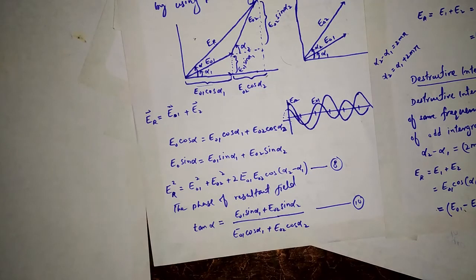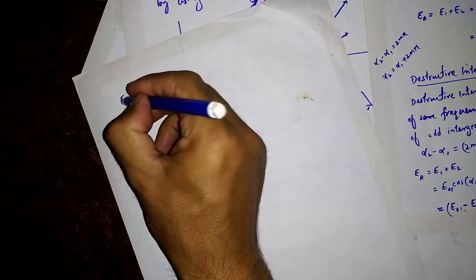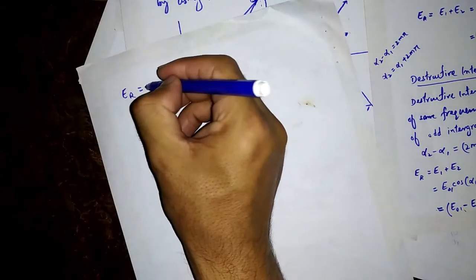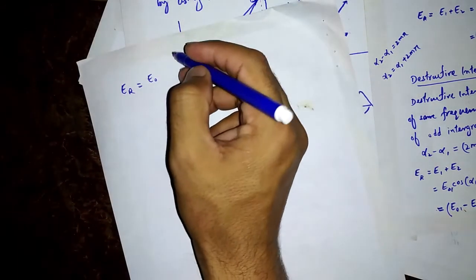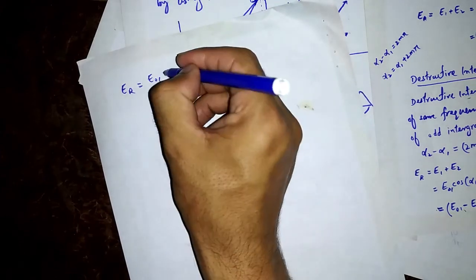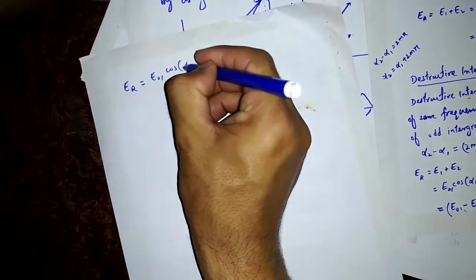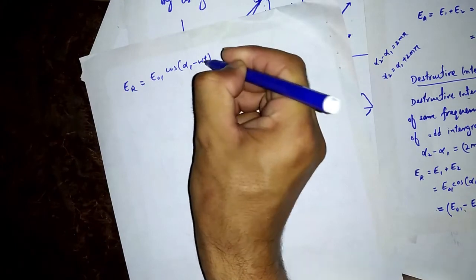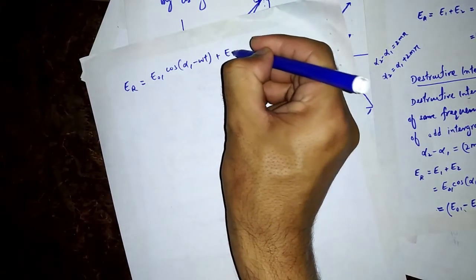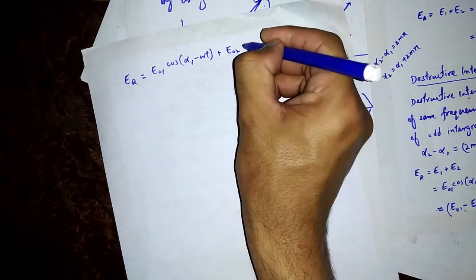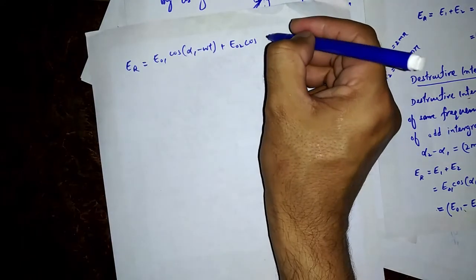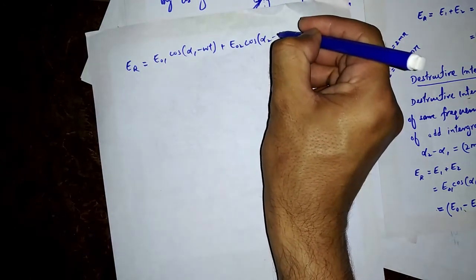So in summary, we have shown that the first wave is E naught 1 cos of alpha 1 minus omega t, and the second wave is E naught 2 into cos of alpha 2 minus omega t.